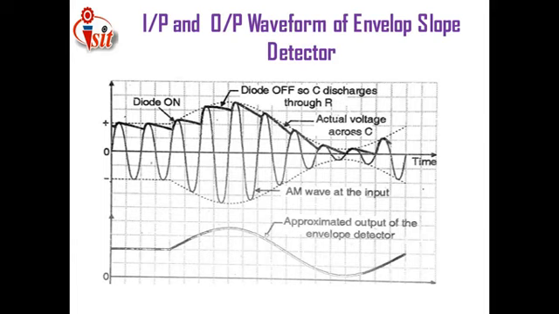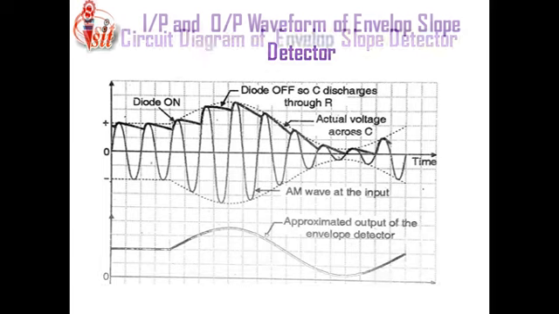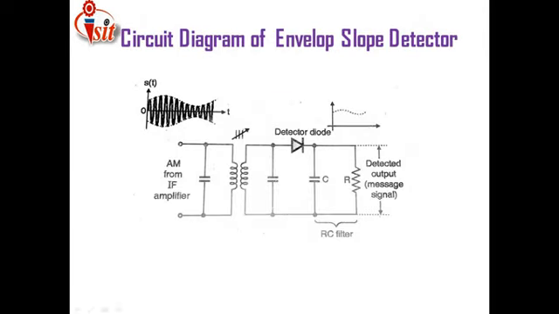For that purpose, whatever output we get is the approximated output of the envelope detector. To get exactly this type of structure as an output from the detector, there are some necessary conditions to be followed by the circuit diagram, which is designed using R, C and diode components.